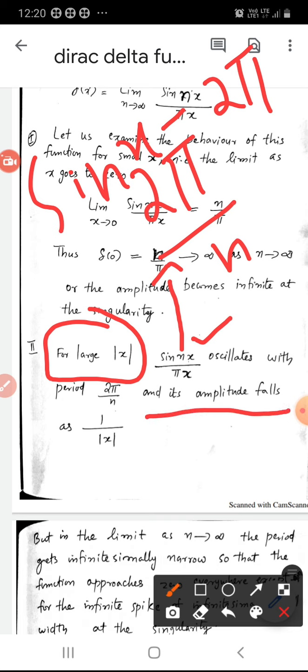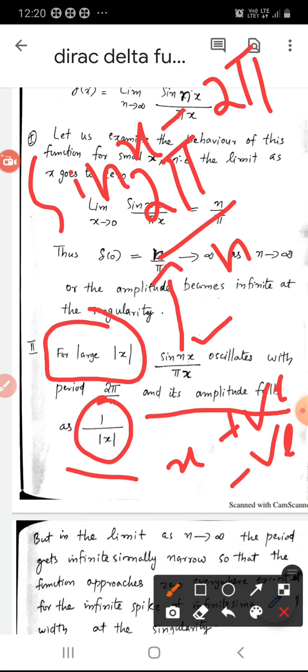And its amplitude falls as 1/|x|, because x is present in the denominator. We are using |x|, the magnitude of x, because we consider x positive as well as x negative. So that's why we are taking 1/|x| here.